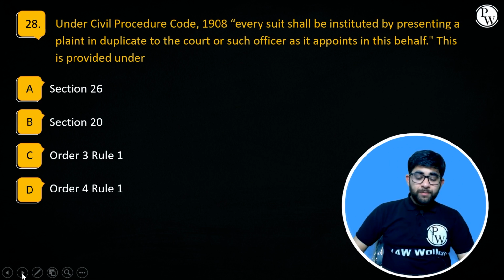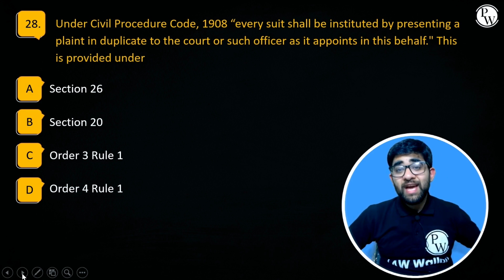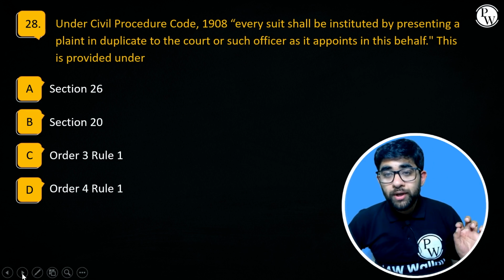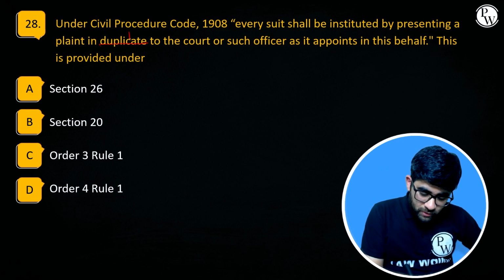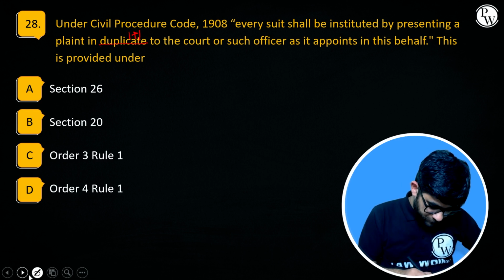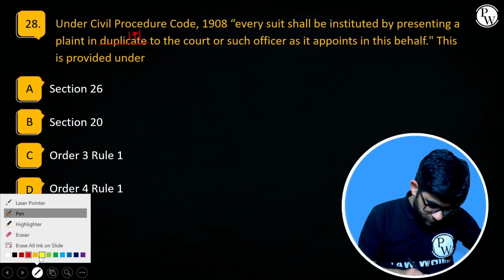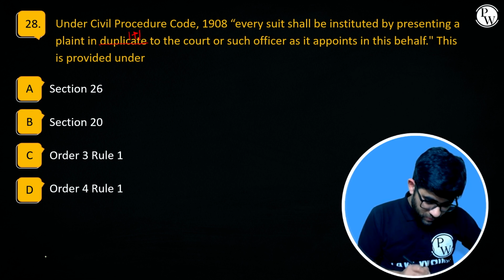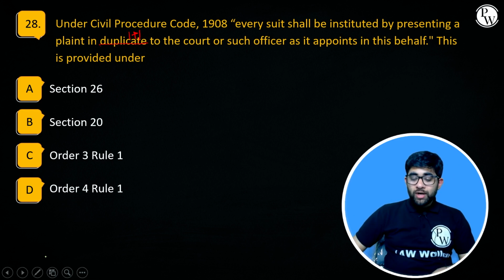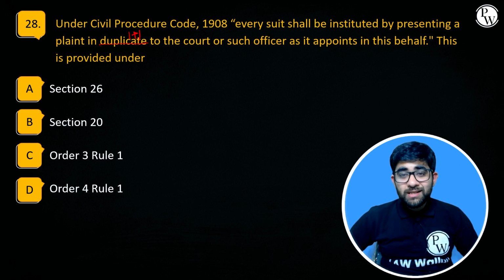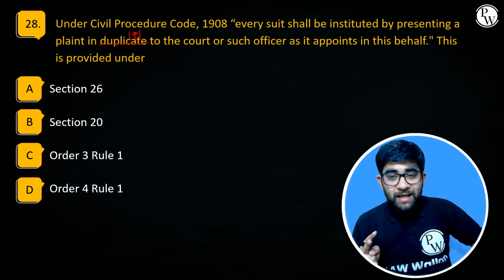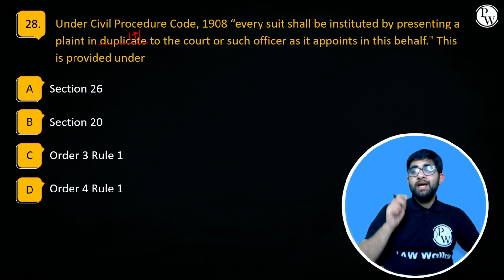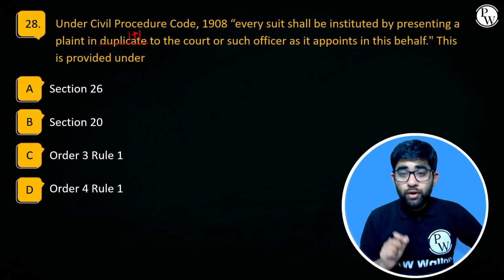Next, under Civil Procedure Code 1908, every suit shall be instituted by presenting a plaint in duplicate, that is 1 plus 1, to the court or such officer as it appoints in this behalf. This is provided under Section 26, Section 20, Order 3 Rule 1, Order 4 Rule 1. The answer to this is option D, Order 4 Rule 1.